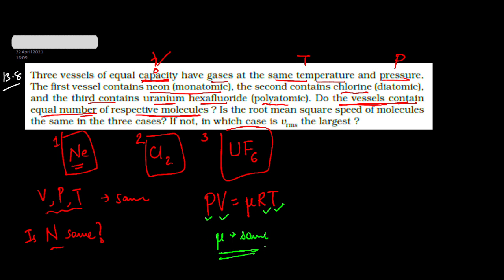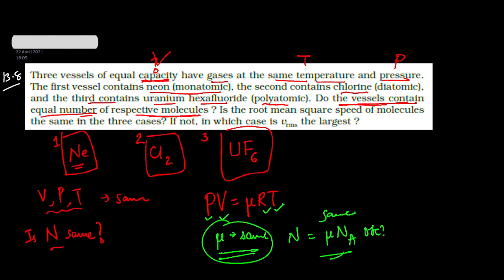So if mu is same, then N will also be same, because N is equal to mu into Na. Clear? N will also be same. Understood? Moles are same, so number of molecules also same.